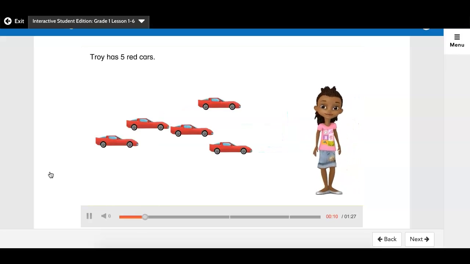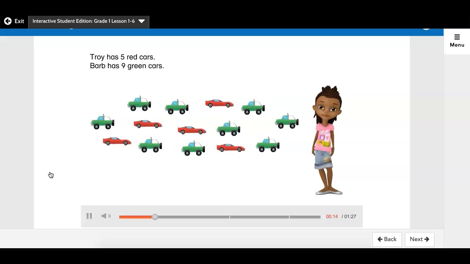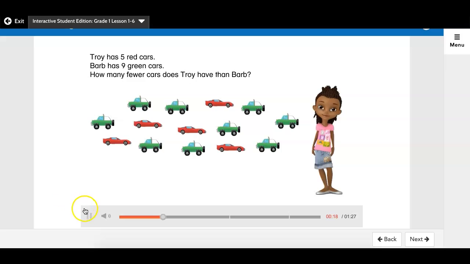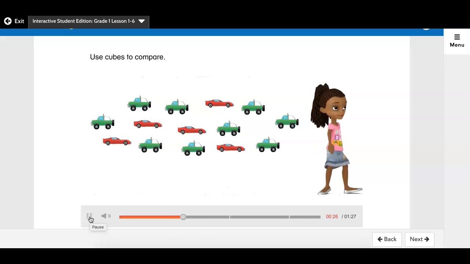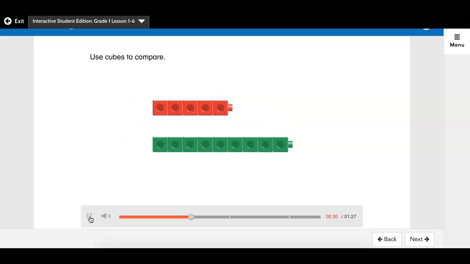Troy has 5 red cars. Barb has 9 green cars. How many fewer cars does Troy have than Barb? 5 is less than 9. Troy has fewer cars. Use cubes to compare. The red cubes stand for Troy's cars.